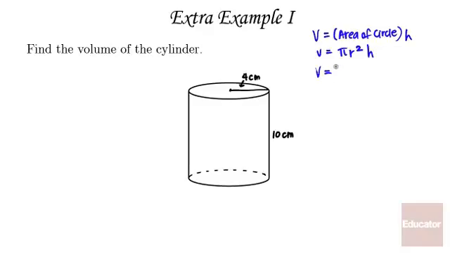Pi is 3.14. The radius is 4. So it's 4 squared. 4 to the power of 2, that means 4 times 4. It's not 4 times 2. And the height of the cylinder, from this base to the other base, is 10.